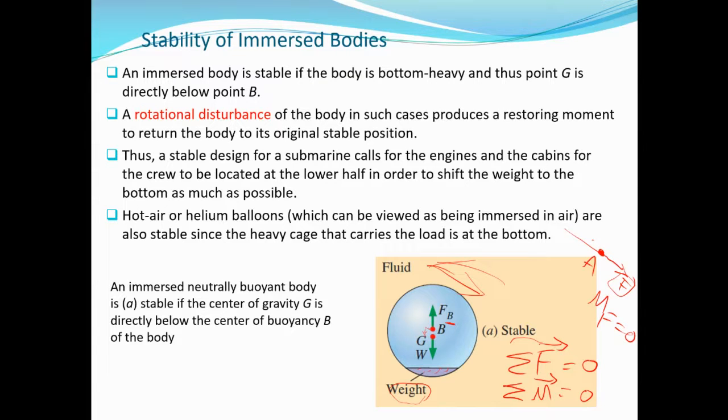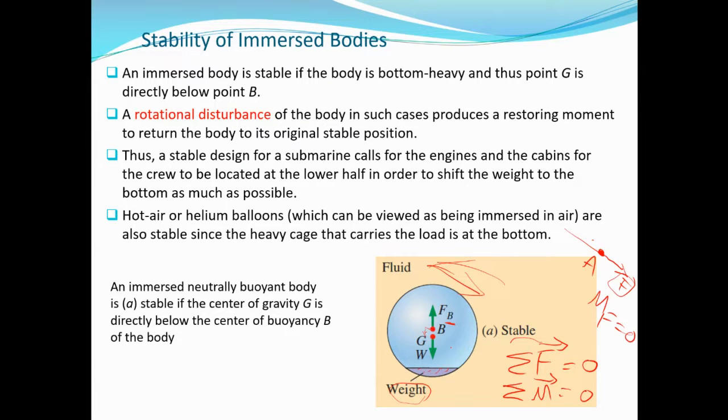So when you try to tilt it, it will be brought back by the restoring moment to its original position. Thus, a stable design for a submarine calls for the engines and the cabins for the crew to be located at the lower half, in order to shift the weight to the bottom as much as possible.